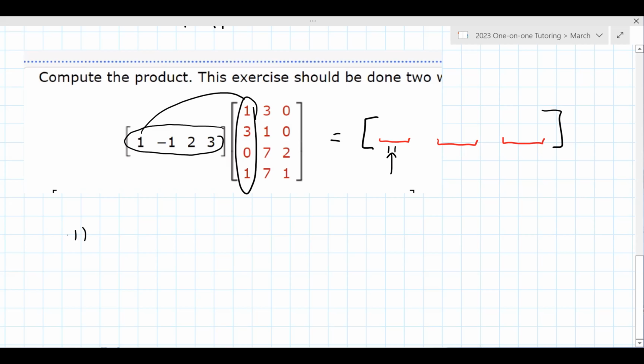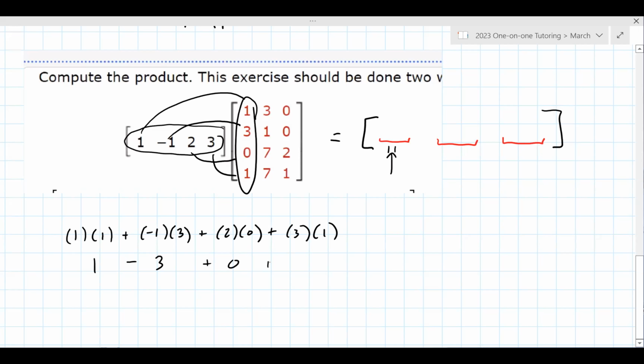So 1 times 1 plus, then you grab this -1 times 3, 2 times 0, and then 3 times 1. So 1 minus 3 plus 0 plus 3, and that doesn't equal 1. Where did I make a mistake here?